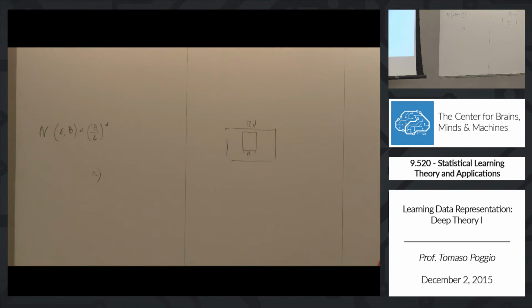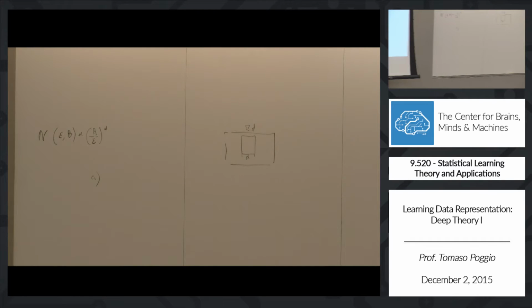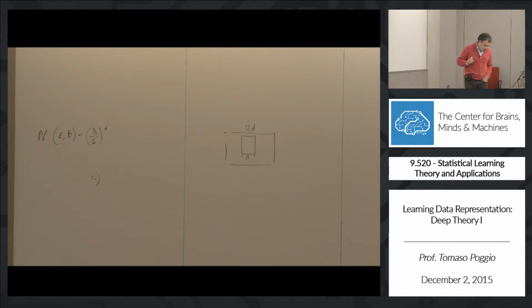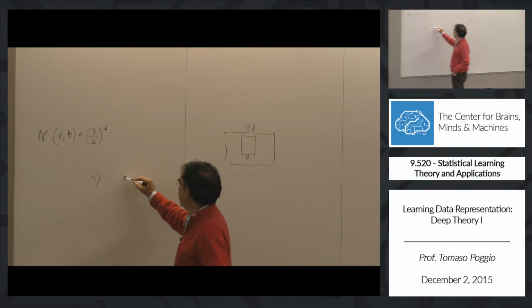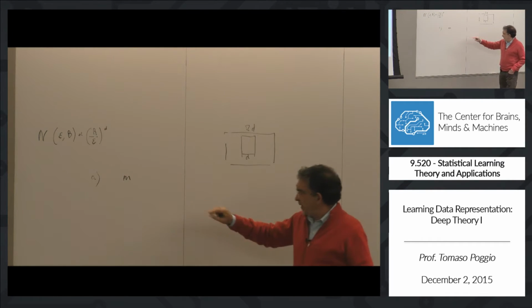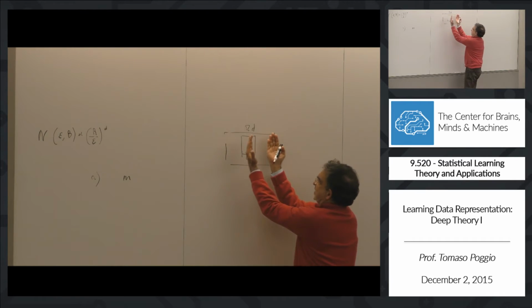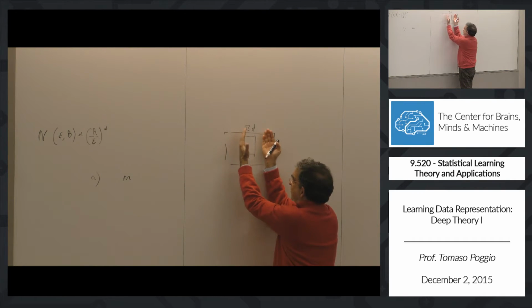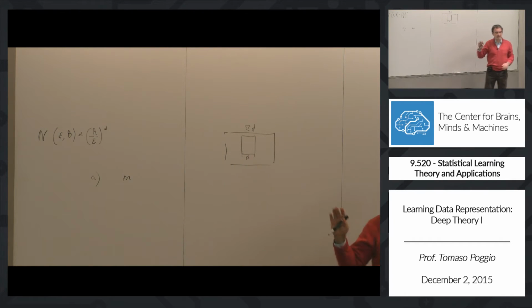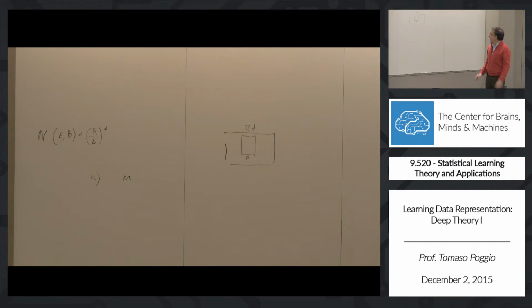Suppose that I need a certain number of examples, say m examples, for achieving good performance of the classifier when I present just the object. Okay, so it cannot translate or shift. It's just the object. Suppose I need m examples to get an accuracy of 90%. Okay.